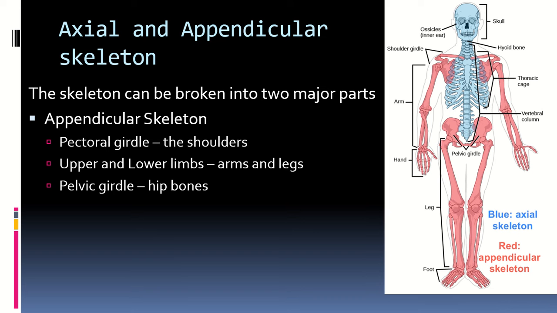The axial skeleton's lowest part is the lowest end of the spinal column. The pelvic girdle, the hip bones, that is just the appendicular skeleton. So that's a distinction between those two.